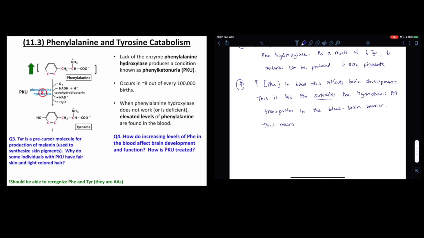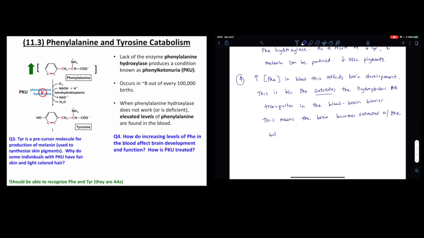This means the brain becomes saturated with phenylalanine but lacks other hydrophobic amino acid side chains.